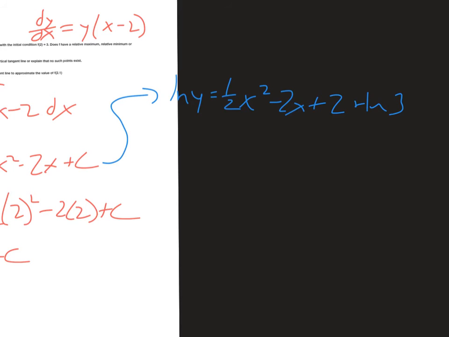Okay, so now solve for y. We just take e as the base on both sides. So this just becomes y. Actually, forgot my absolute value there. So this just becomes the absolute value of y equals e to all of this ugliness.